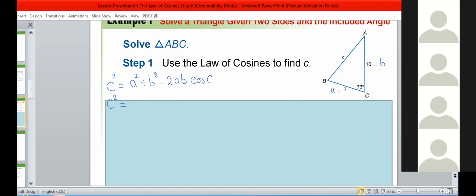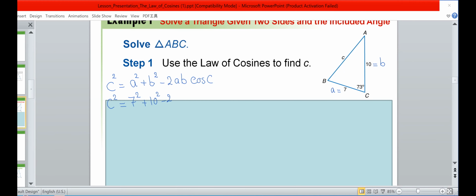So A power 2 will be 7 power 2, plus 10 power 2, minus 2 times 7 times 10, times cosine 73. By using your calculator, quickly get the result. You have a calculator? Yes.